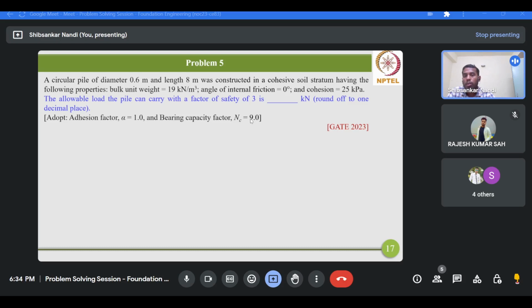First you need to calculate the ultimate load, then divide this ultimate load by the given factor of safety, that is 3 here, and you can easily get the allowable load. Now what is the expression for calculating the ultimate load of a circular pile in clay?